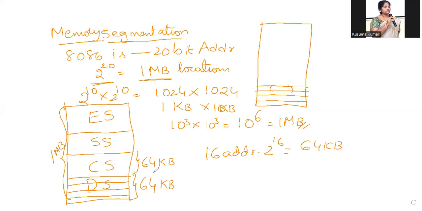That's why each segment size is 64 kilobytes, and each memory location in that segment is identified by 16 address lines. This 16-bit address is called the offset address or effective address.